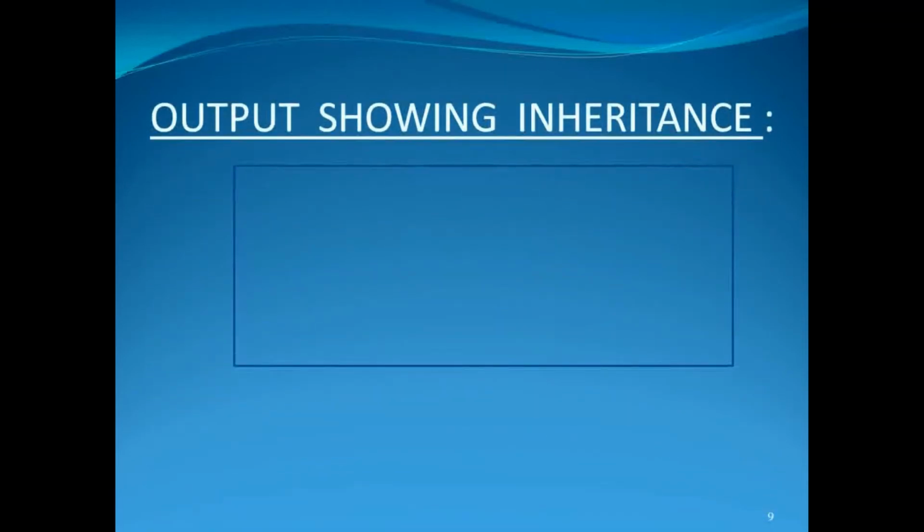Hence, the output of the program shows ABC. What is ABC? That is the name of the school. The designation is teacher. And subject is what? Computers, and the method was teaching students.